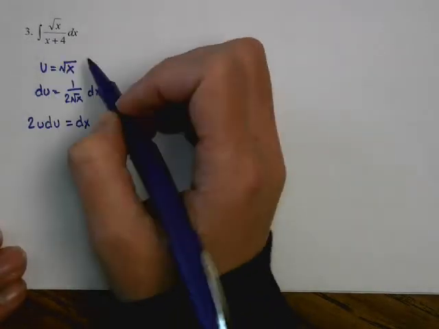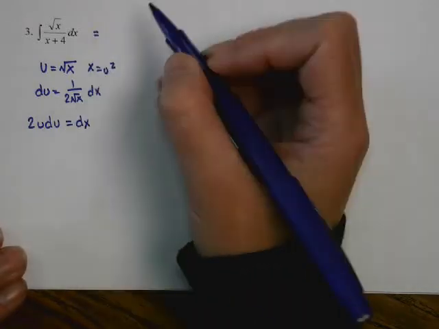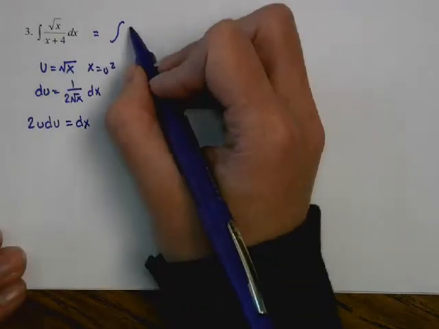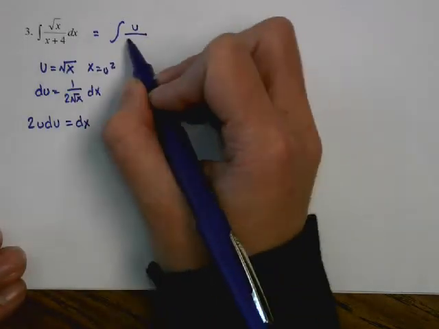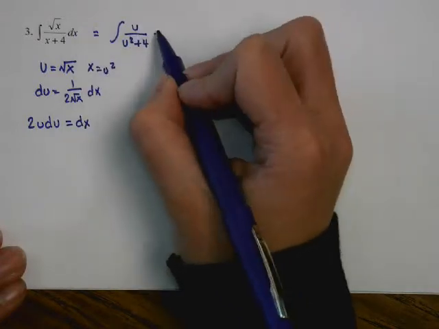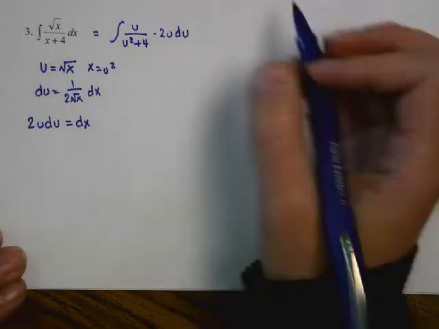For the x here, x is going to equal u squared again. So I'm going to have the integral. Square root of x gets replaced with u. x gets replaced with u squared. And dx gets replaced with 2u du.